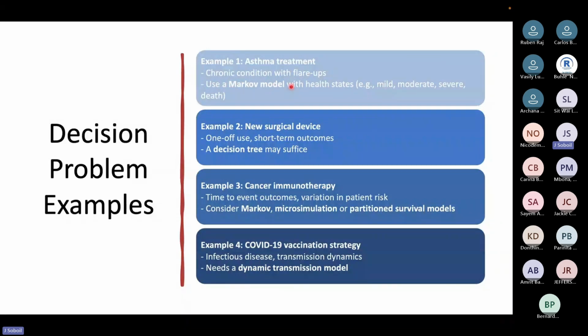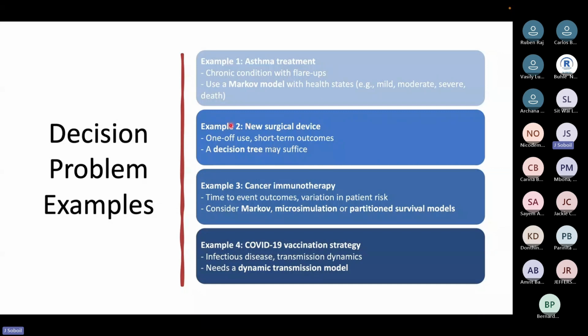And that is just an easy tracking of a chronic condition. So again, just reflecting the fact that a Markov model is really great for these chronic conditions that change over time, where patients move to different categories depending on their disease activity or severity.